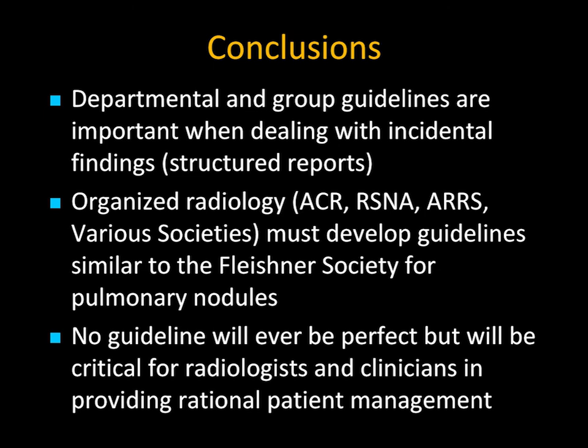Organized societies are and must continue to develop guidelines. The Fleischner for small lung nodules has really changed the game. We don't pursue every little nodule, and as CT got better, everybody has a nodule. And again, being realistic that no guideline will ever be perfect, but will be critical for radiologists and clinicians in providing patient management decisions.